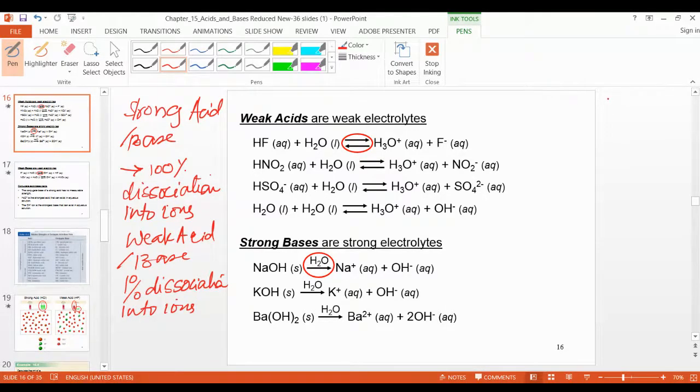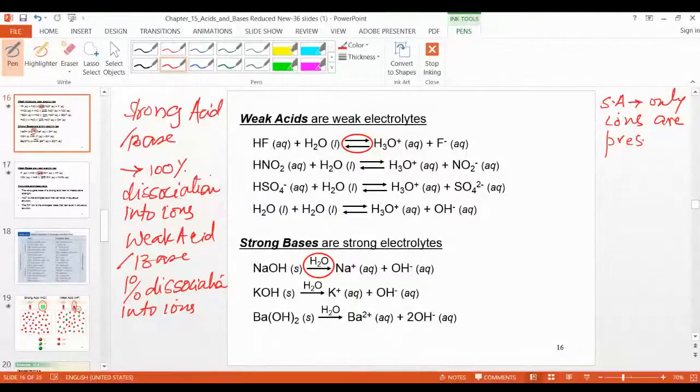So in a strong acid, only ions are present. Ions are present. Remember that. Only ions. No acid is there, right? Because of direct dissociation.